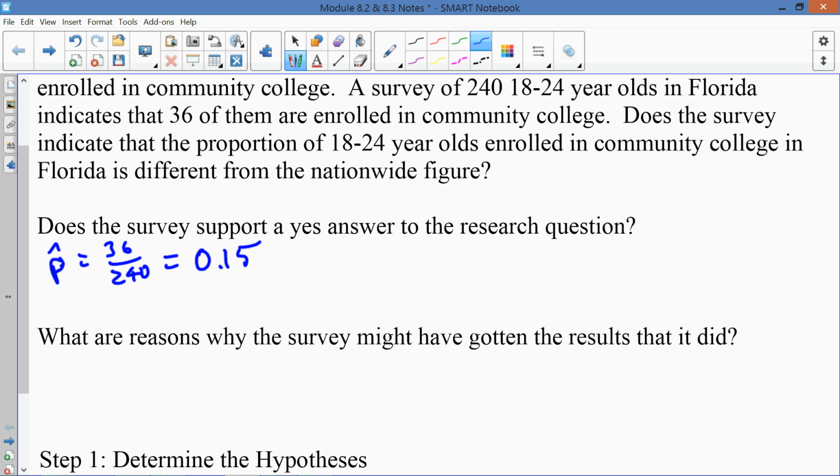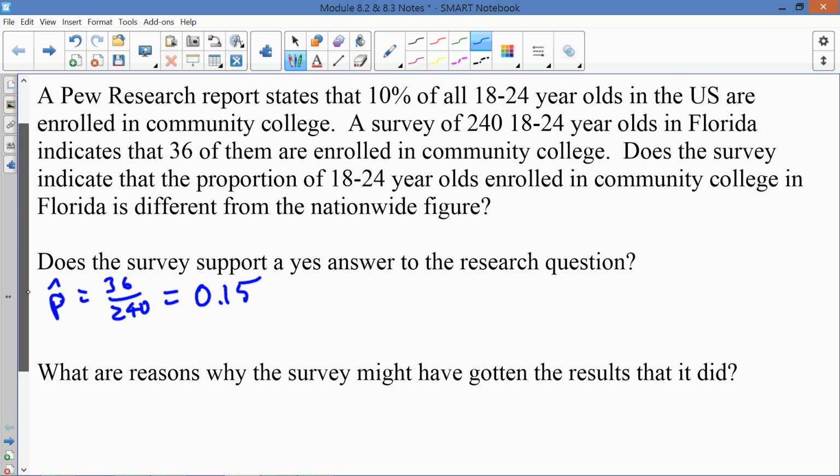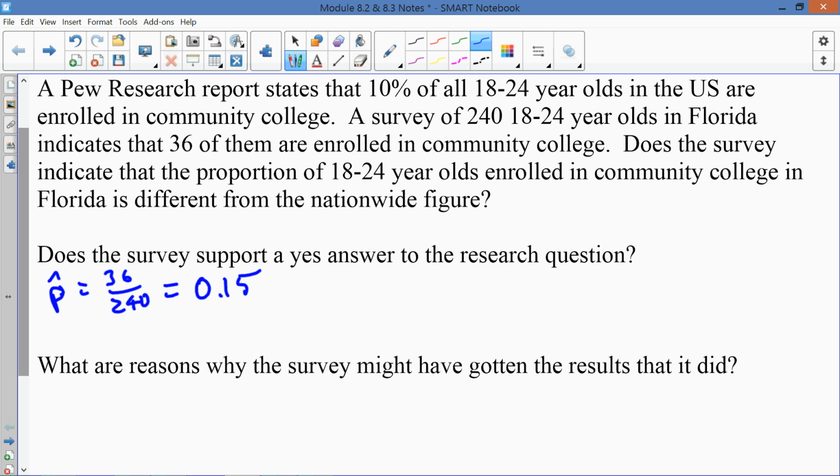So 15% of the sample of Florida young people are enrolled in a community college. And the national figure is 10%. Well, this would support a yes answer to the research question, because 0.15 is different than 0.10. So 0.15 is not equal to 0.10.